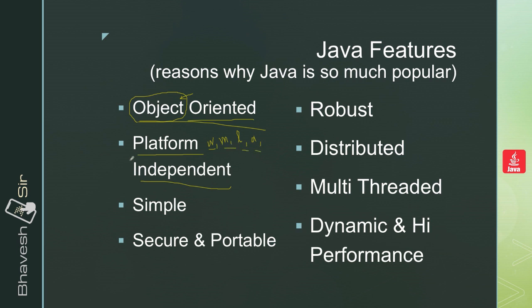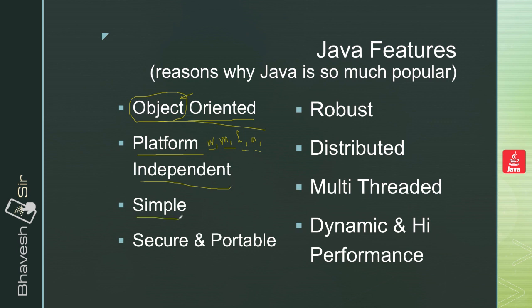So Java provides one feature, platform independence, the best feature in the current market. The same platform independent feature was also introduced by Microsoft to stay in the market, right?